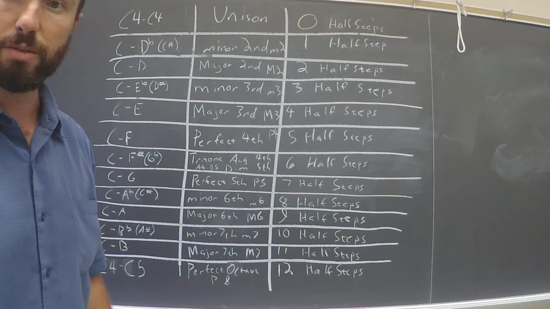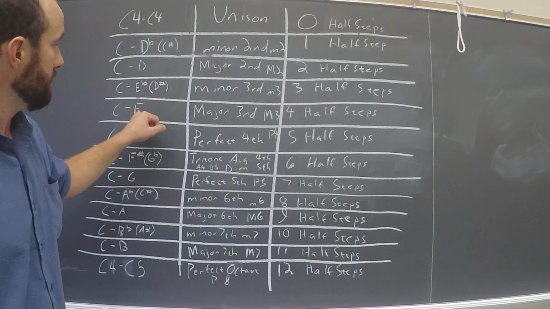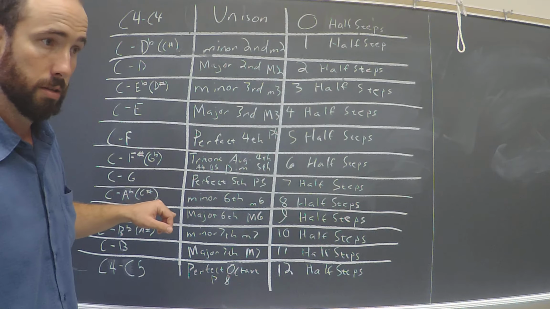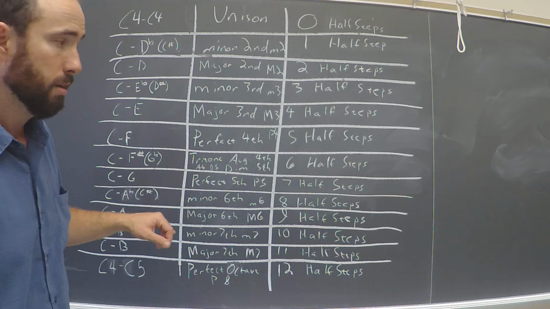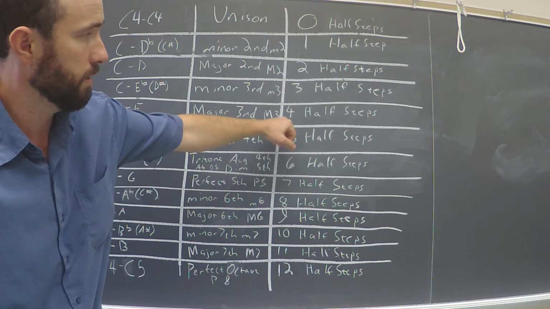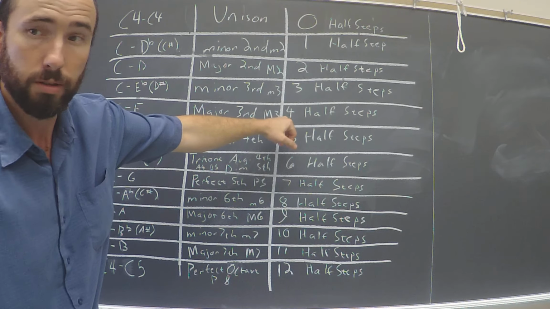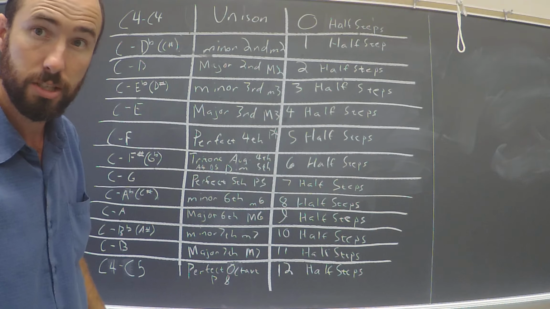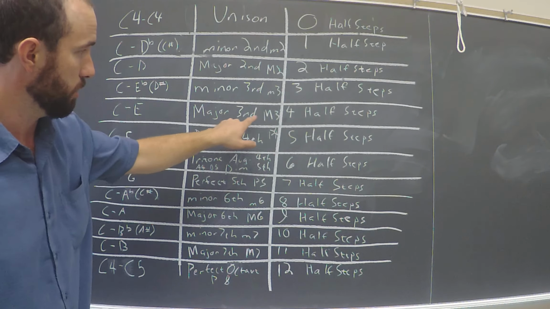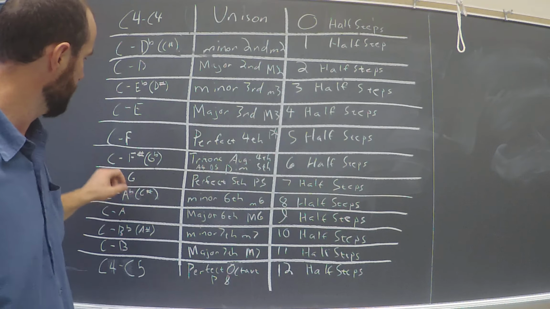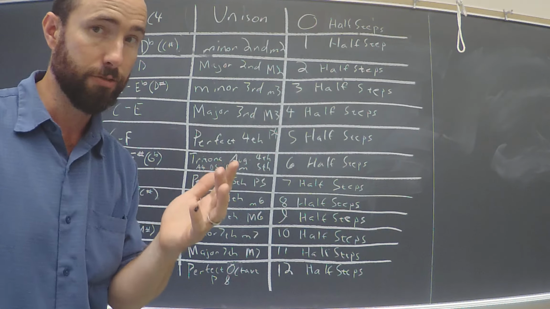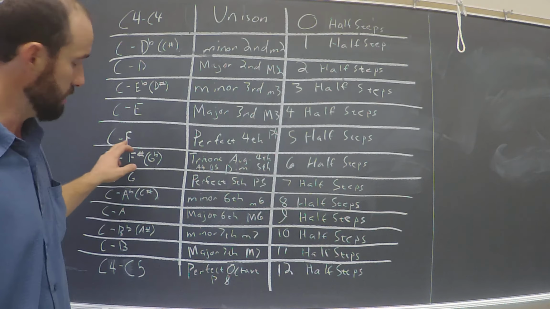That interval, that space is a minor third. C to E is 4 half steps. 1, 2, 3, 4. That's 4 half steps. C to E, major third, capital M, 3. If we can have thirds, we can have fourths, right? C to F.